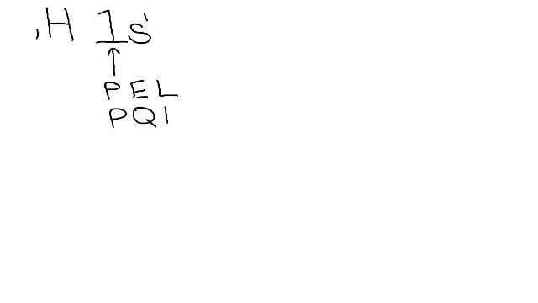So we're going to designate that this way. We'll use a capital 1 for the first principal energy level, a little s for the sublevel, and we're going to use a superscript just to indicate how many electrons are there. So we've got our principal energy level, or principal quantum number.